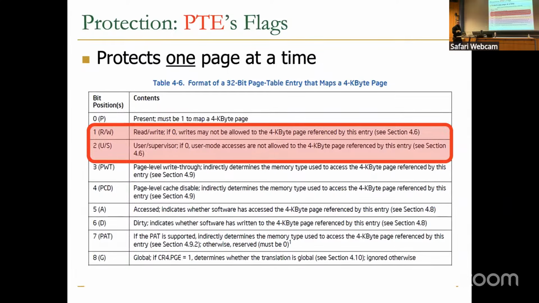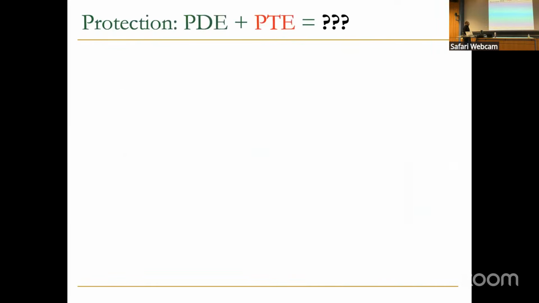The access control bits of the last level page table entry correspond to only one page. You cannot express access control beyond the 4 kilobyte granularity using the last level page table.